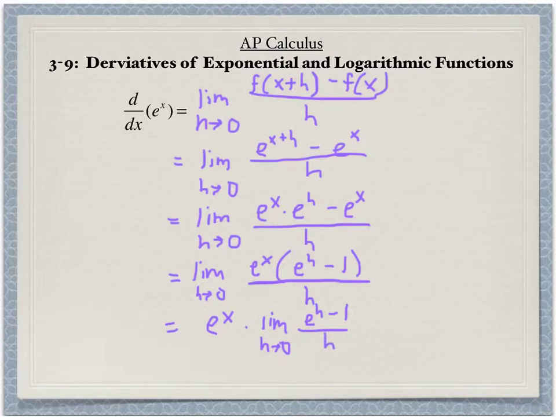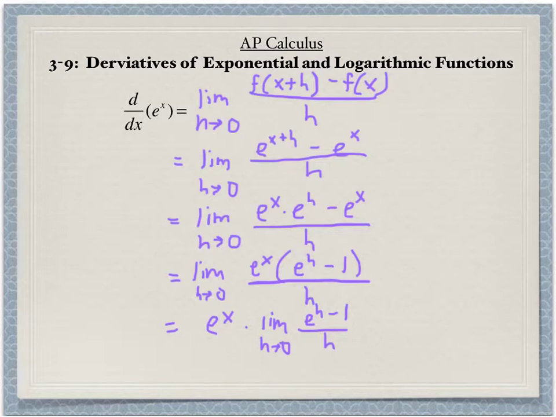We didn't emphasize this a lot, these different properties of limits, but the idea here is that if you have the limit of a product, it's going to be the product of the limits. We already said that the limit of e to the x as h approaches 0 has no effect on e to the x, so that's just going to be e to the x.